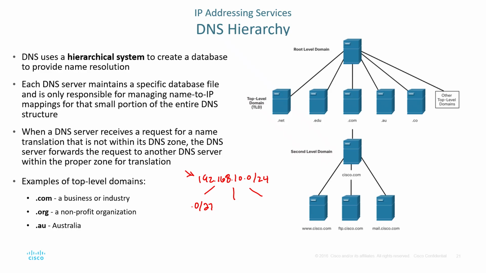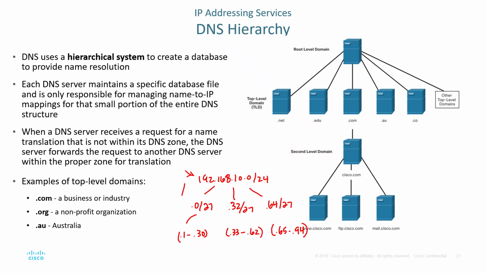This one would be the .32. And this one would be the .64. Now I would go down and I would say here, my devices are going to be between .1 and .30. Here, .33 to .62. And likewise here, .65 to .94. Okay, this is hierarchical.